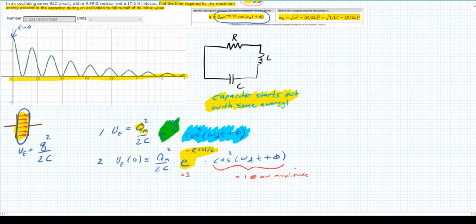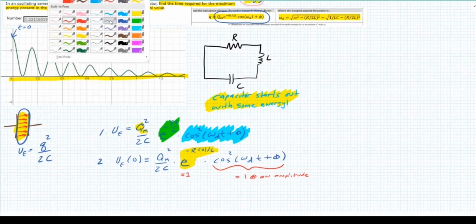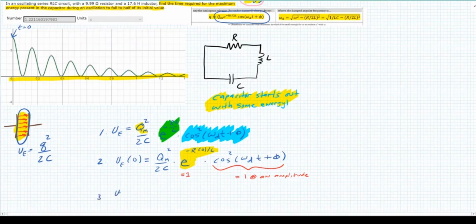And that goes back to our wonderful conversation about the unit circle. Cosine can at most be 1, and 1 squared is 1. So at time equals 0, I have this much electrostatic potential energy: QM squared over 2C.